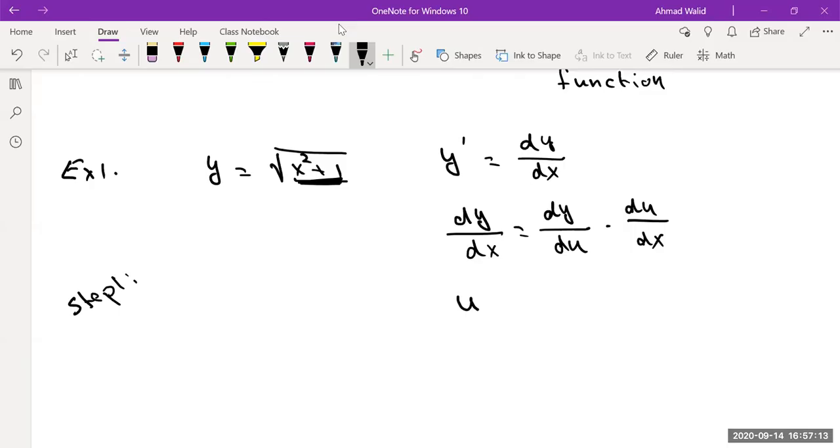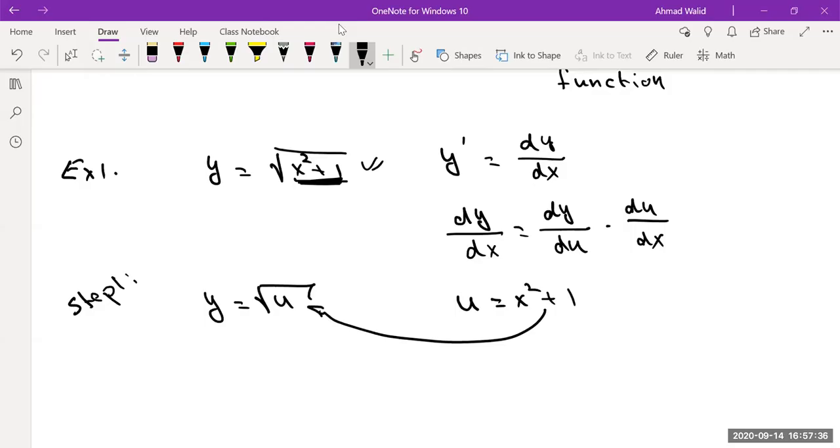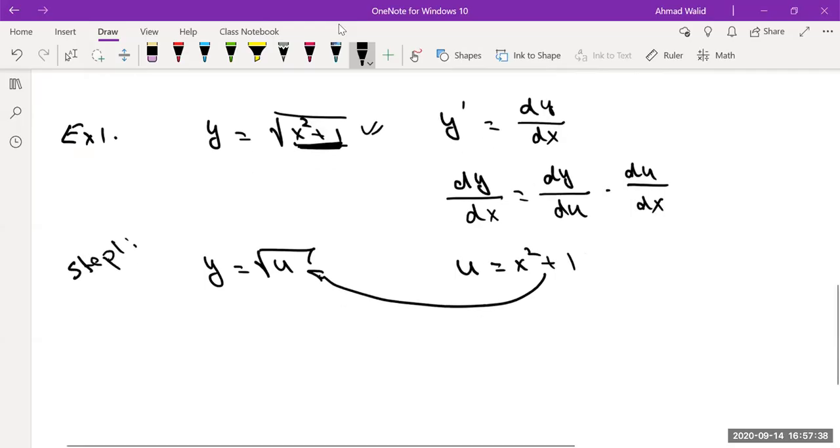Your u will be the inside function, which is x squared plus 1. What will be the outside? Your outside becomes y equals a square root of u. Everyone agrees with this notation, I think, with me. Because u is x squared plus 1, if I plug back in here for u, it gives me the function, right? Because it's a composite function.